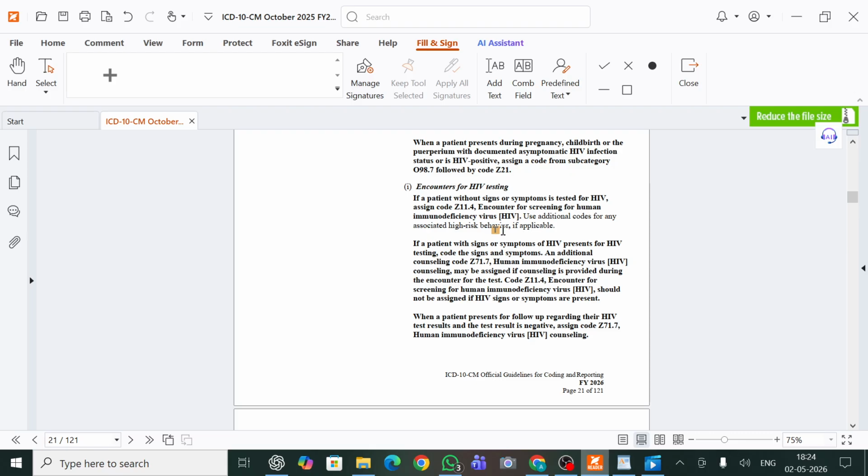The patient does not know whether they are HIV positive or not. They have some doubt, that's why the patient comes to hospital. At that time we will assign the code for encounter for screening.